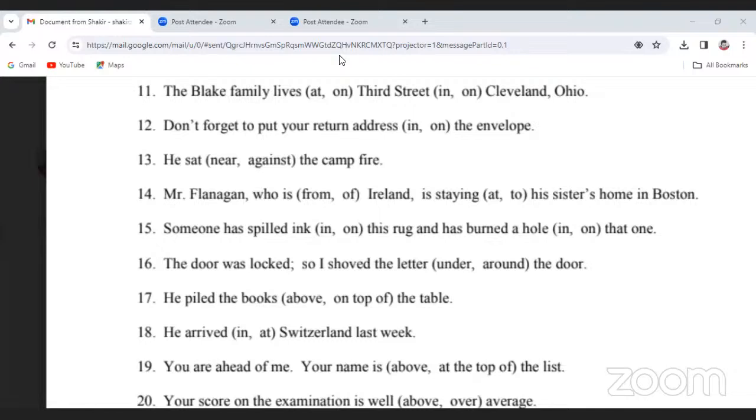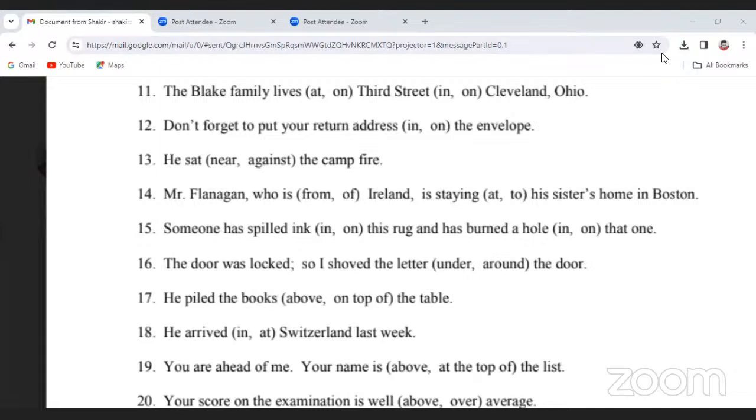The Blake family lives dash 3rd Street dash Cleveland, Ohio. What shall be the answer? At, in. The Blake family lives at 3rd Street in Cleveland, Ohio. Yes, at and in is the correct option. Move to 12.